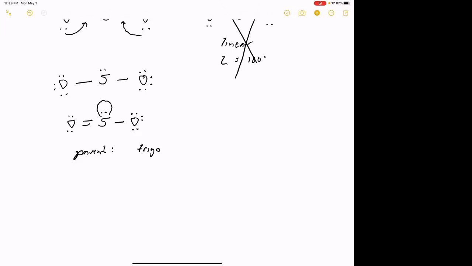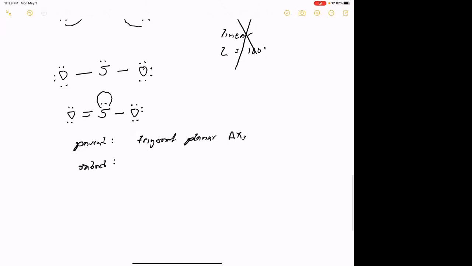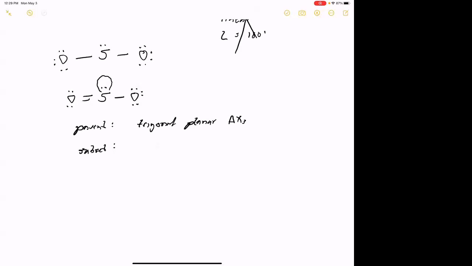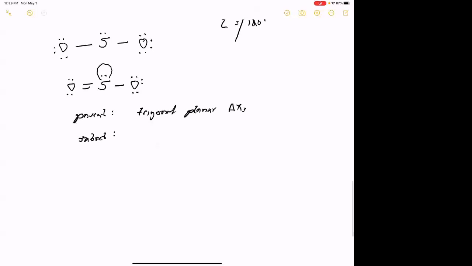It's an AX3. But I also have a subset, don't I? Because one of these guys is actually going to be a non-bonding pair. Okay, so if I actually, again, drew this accordingly, here's my trigonal planar, what it ought to look like.